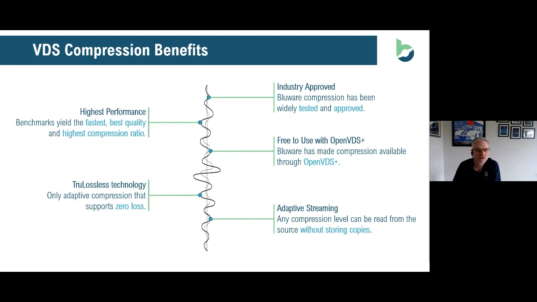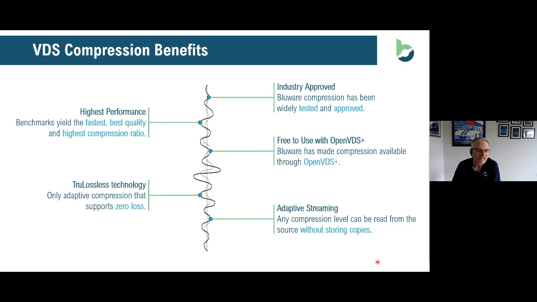It's also benchmarked and delivers extremely high performance as well. We tend to use the fastest decompression, and we deliver the highest compression ratios for similar quality, or higher quality at the same compression ratio.